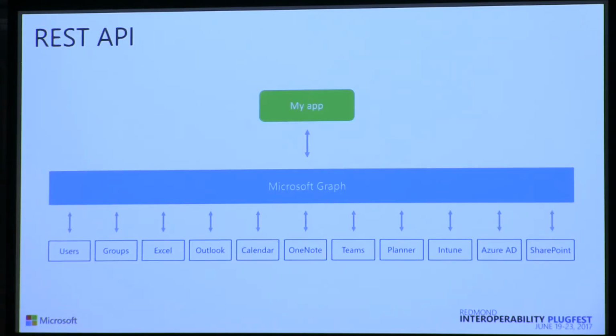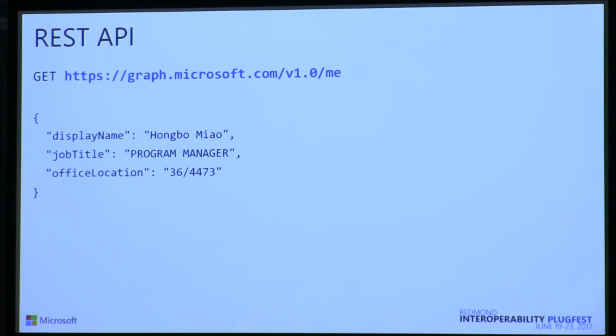So for the REST API, basically you can use Microsoft Graph to connect those things. In your web app, in your own app, you can use Microsoft Graph to get user information, or write data to Excel, and also maybe send email. So it's just pure REST API, and Microsoft Graph provides this API. For example, this is very simple: a REST API that just gets your own profile.